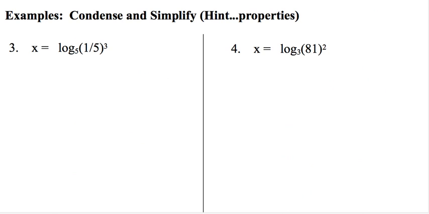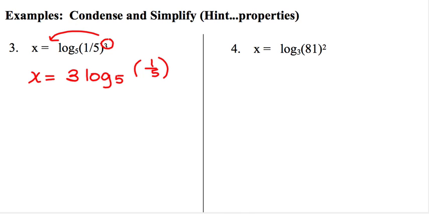All right, question number 3. We want to condense or simplify. In this case, it already is condensed. So now we want to think about, how could we maybe take this power here and throw it down in front? So now we have a logarithm base 5 and then 1 over 5. All right.